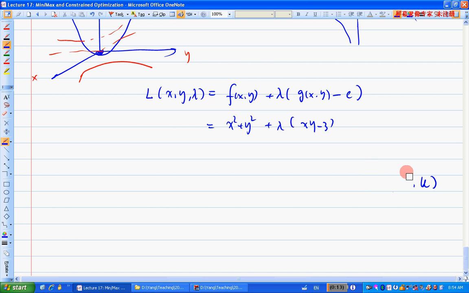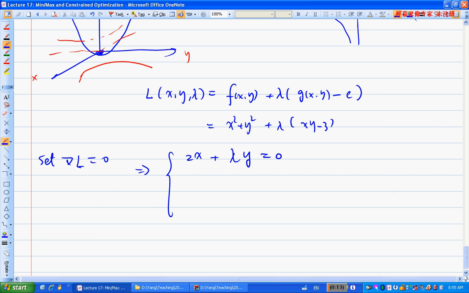Okay, so now what we do is we set this equal to 0, and that gives us 3 equations. First, the partial derivative over x: that's 2x plus lambda y.